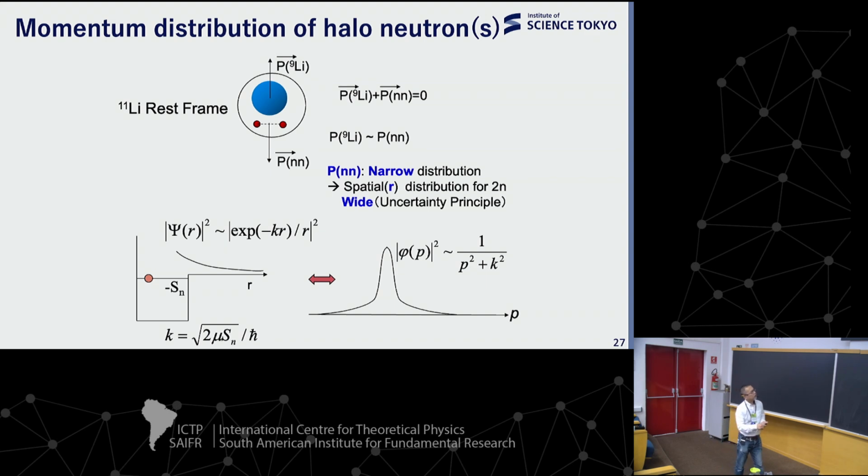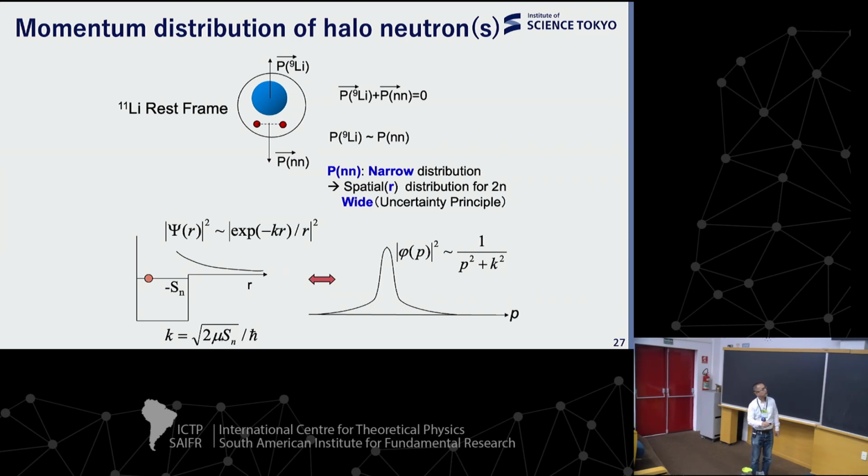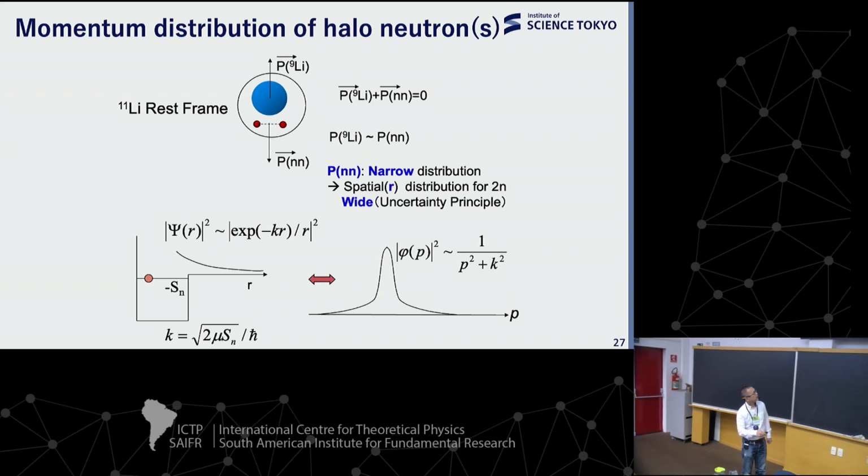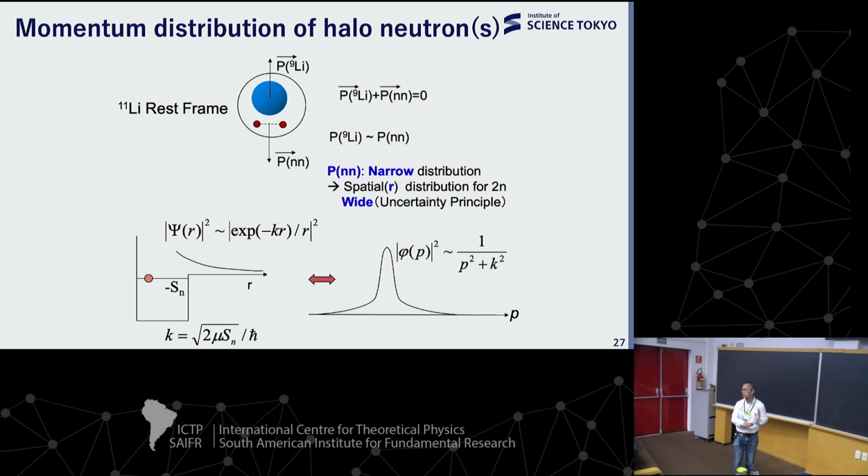Of course, also, if you just look at the wave function, if the wave function has this form, like a Yukawa-type wave function, as I mentioned, then in momentum space this becomes this form, okay? And this k is expressed as the square root of 2 mu Sn. So if the separation energy is small, then k becomes small, and the width is smaller.